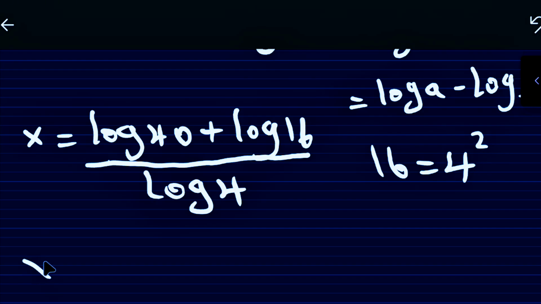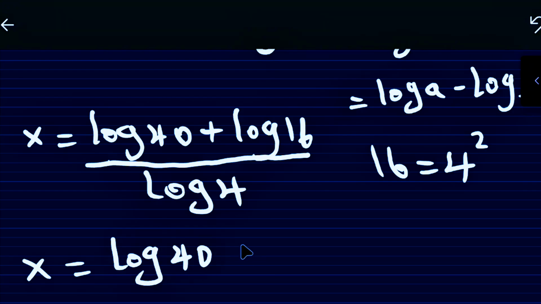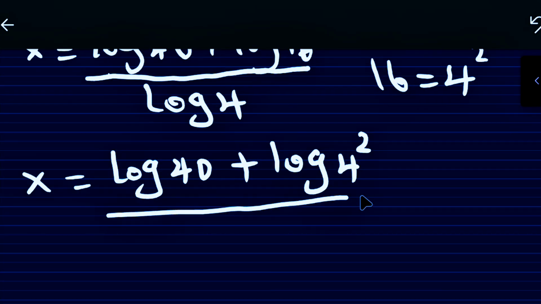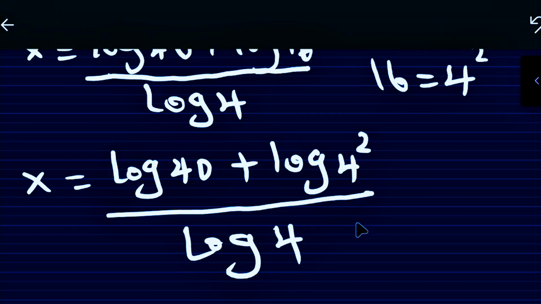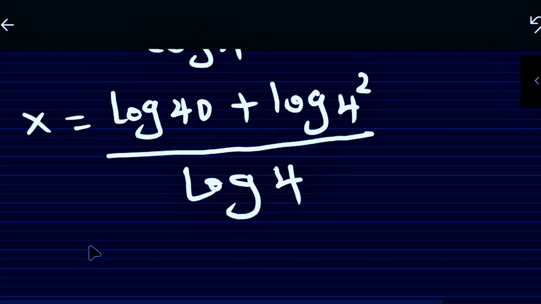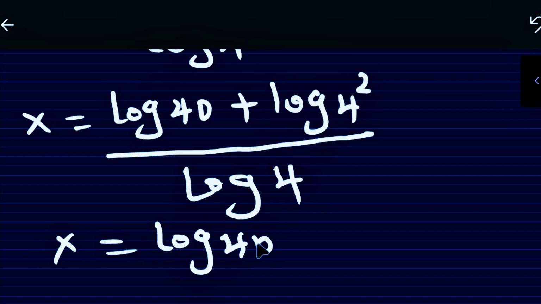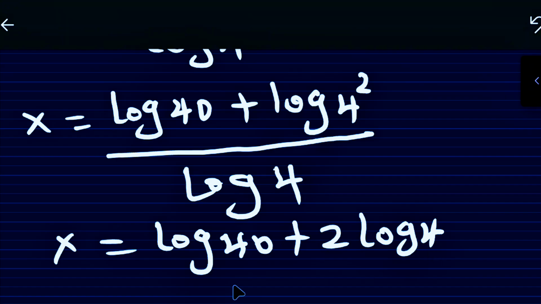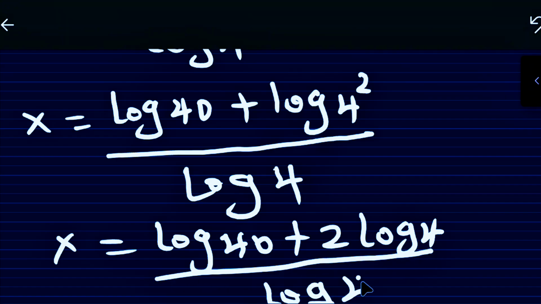So x equals log 40 plus log 4 squared, and we'll divide everything by log 4. So x will be equal to log 40 plus 2 log 4. Then we'll divide everything by log 4.